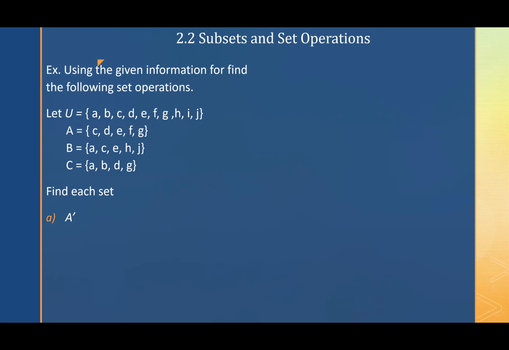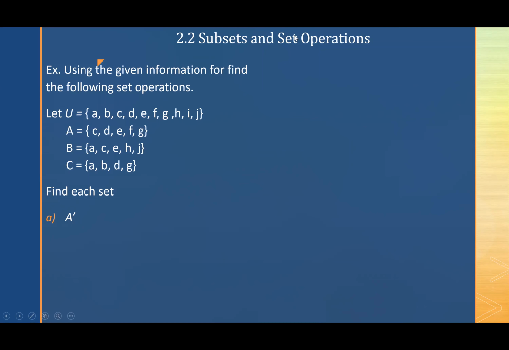Again, reminder: the complement of A is what is in the universal set but does not belong in A, outside A. So if they ask you to find the complement of A, don't worry about B, don't worry about C, we just focus on A. Basically, the complement of A is the elements that A does not have that are in the universe, right?